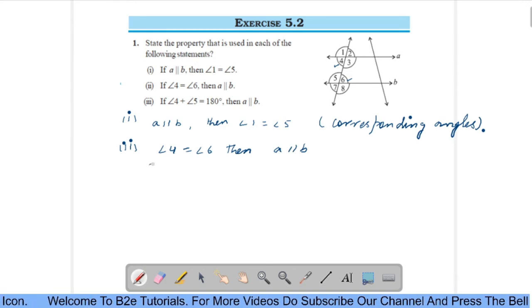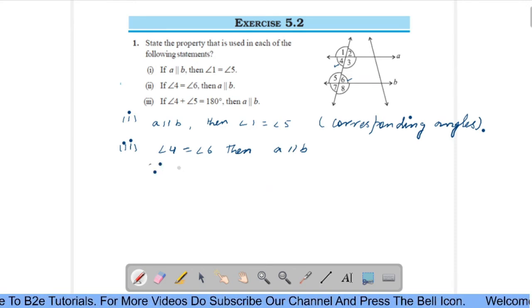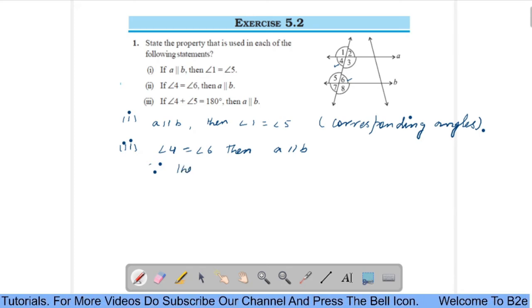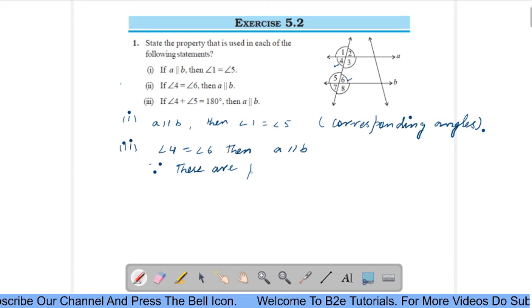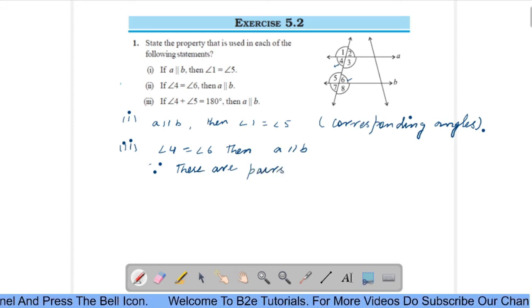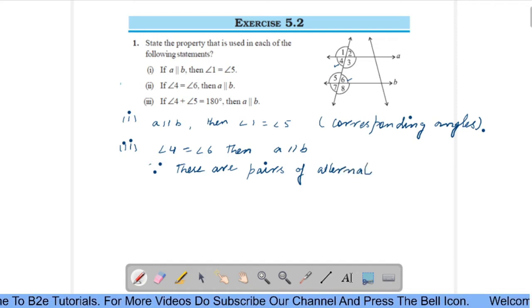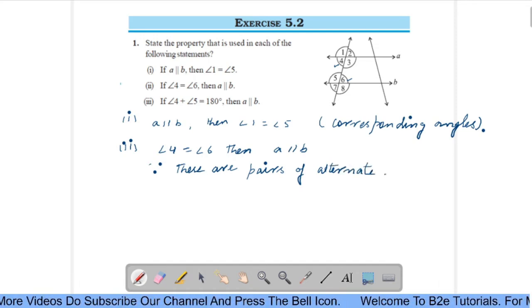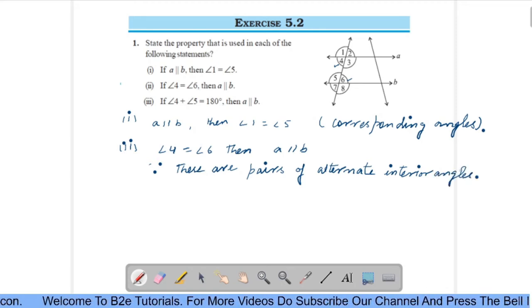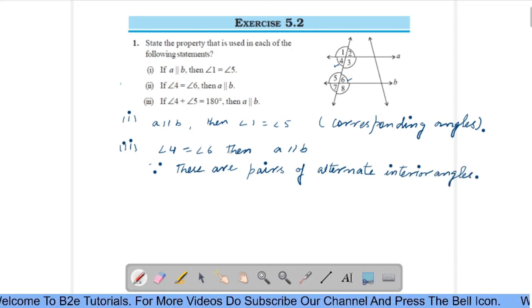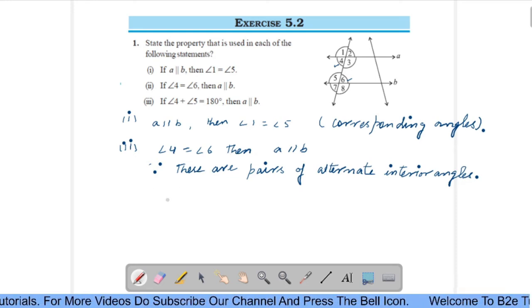Because these are pairs of alternate interior angles. We know that if a pair of alternate interior angles are equal, then lines are parallel.